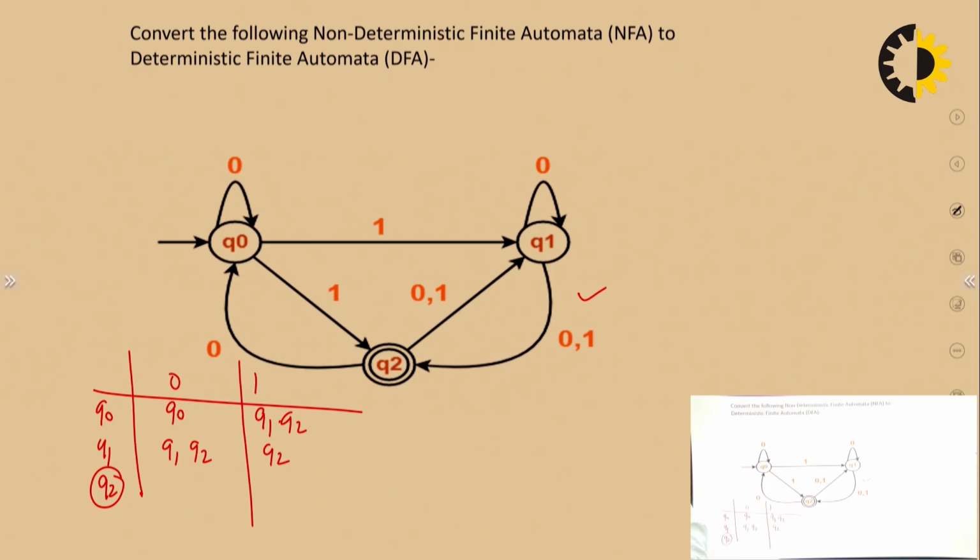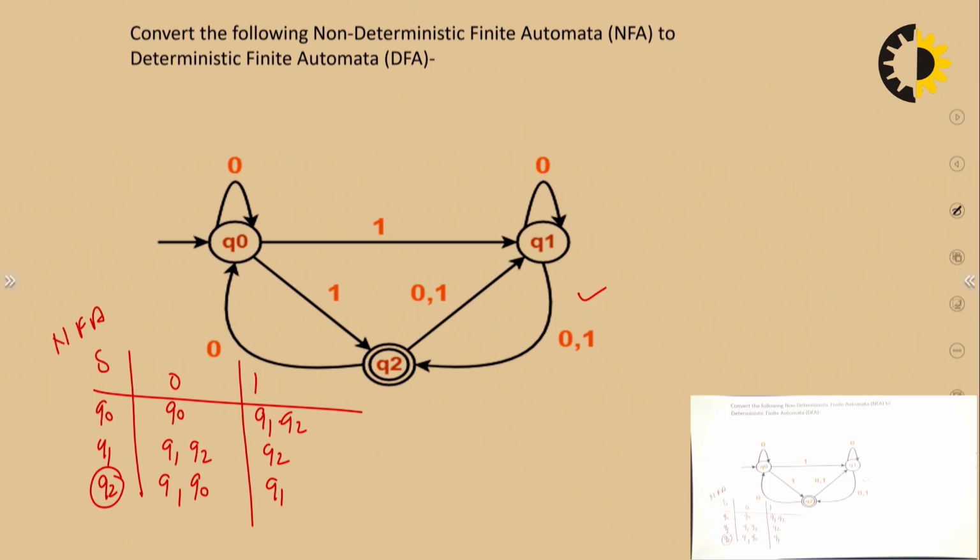Now Q2, for the 0, that is Q1 and Q0. Now for the 1, it can move to Q1. Any other transition here? No, only one transition is here.